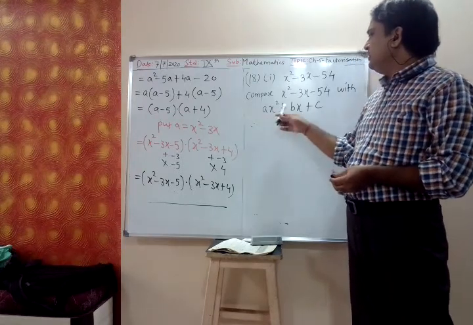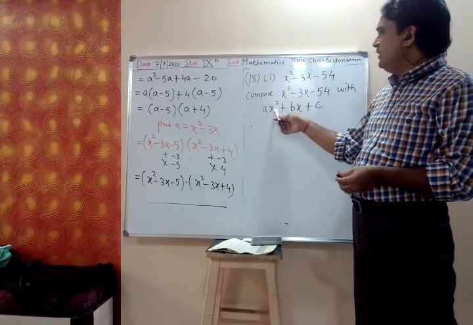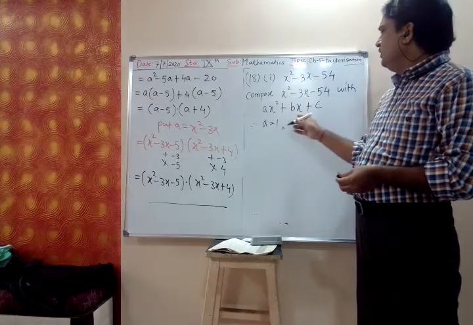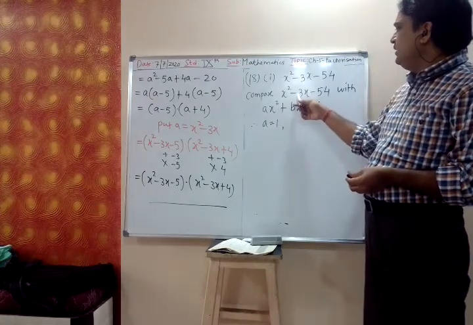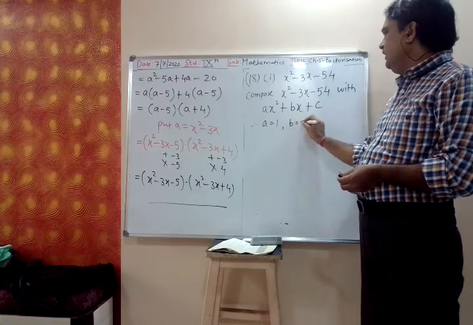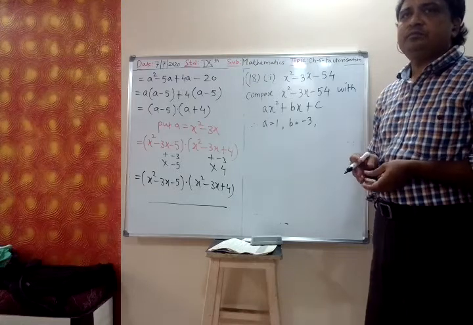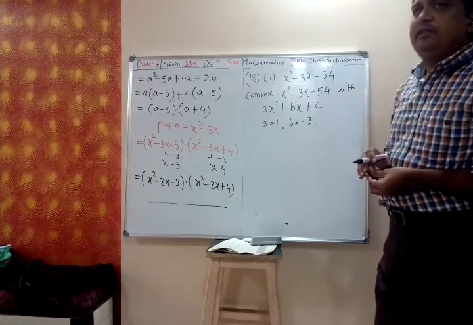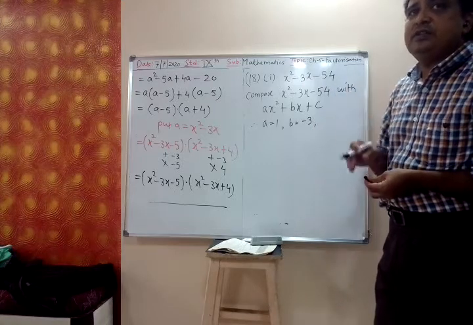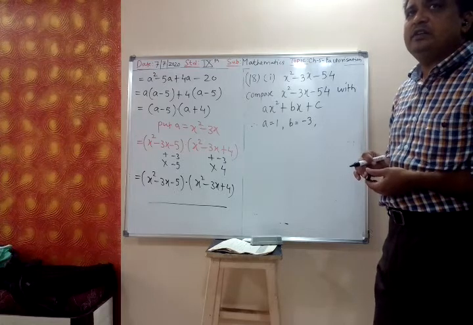What is the coefficient of x square there? 1. So a is equal to 1. The coefficient of x is b, which is minus 3. Because we want to check whether it is factorizable or not, first I compare with ax square plus bx plus c, our standard quadratic equation.